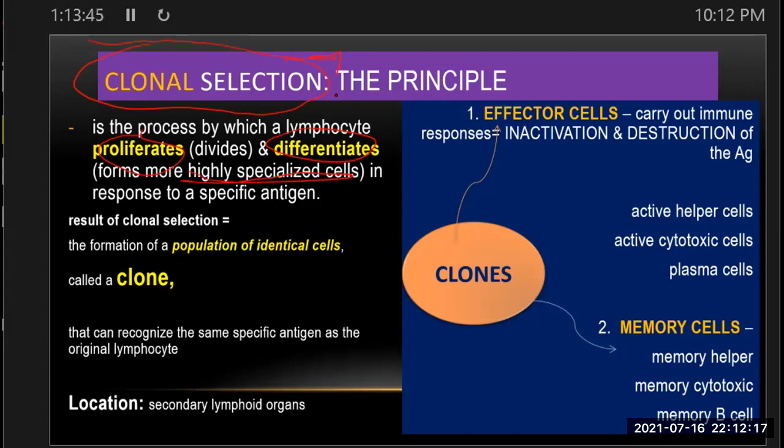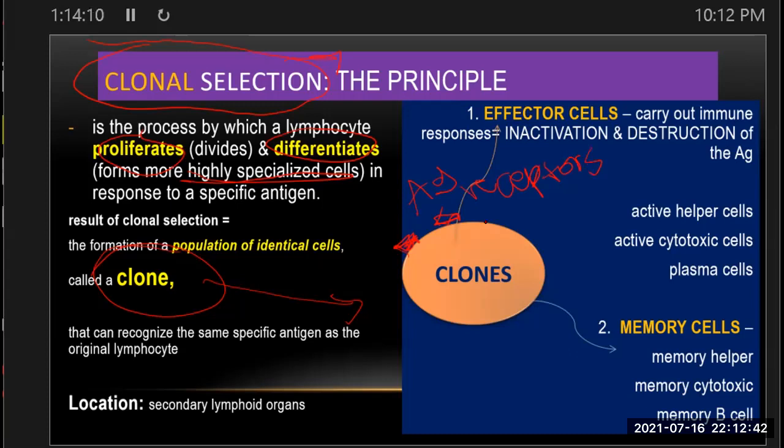So if there's no antigen, there's no clonal selection. You get the point? What is the result of clonal selection? It is the formation of clones. What do you mean by clones? Clones are very similar. They have the same antigen receptors.